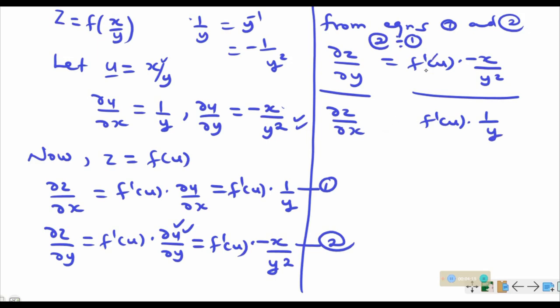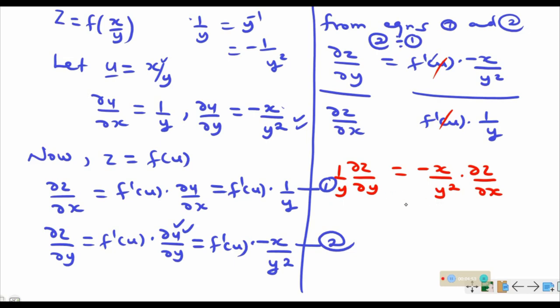We shall have to eliminate this f derivative of u. It will be eliminated, and we shall now have del z del y. This one will multiply here to have 1 upon y del z del y, which is same as negative x upon y squared times del z del x, which we can easily simplify.